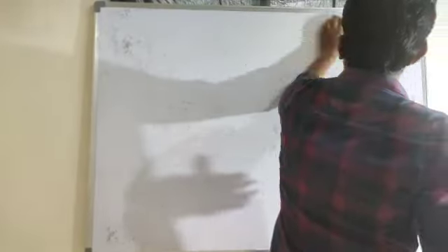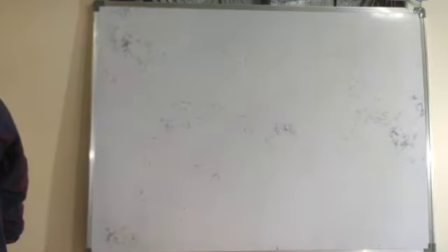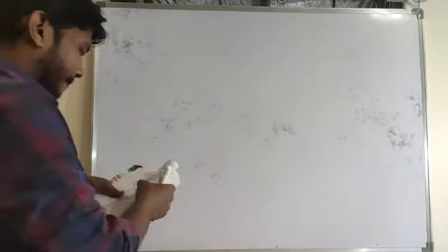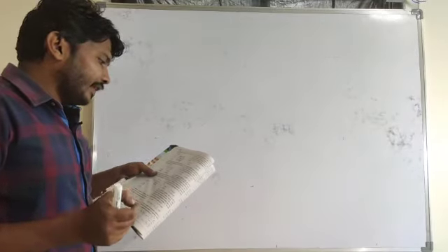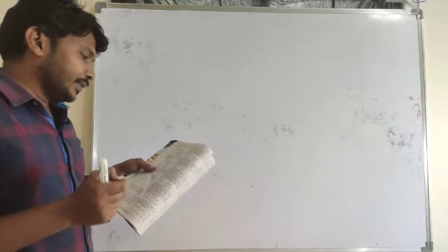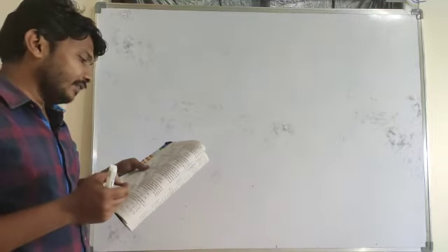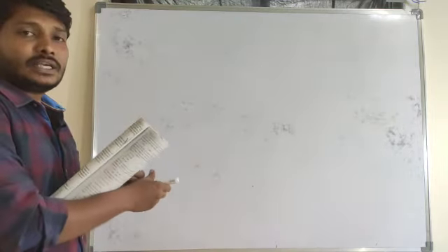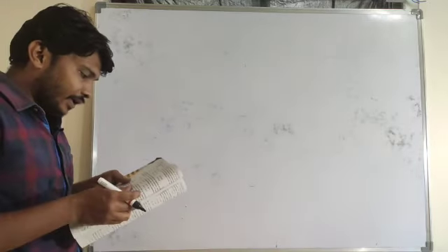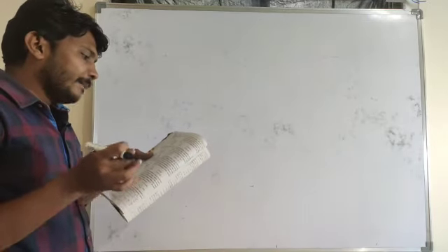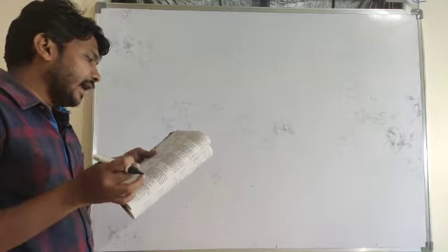Okay, we'll solve some more numericals. In the given figure, each capacitor is equal to 45 microfarad. They gave one circuit here, in which each capacitance value is 45 microfarad. Then the equivalent capacitance between A and B will be.